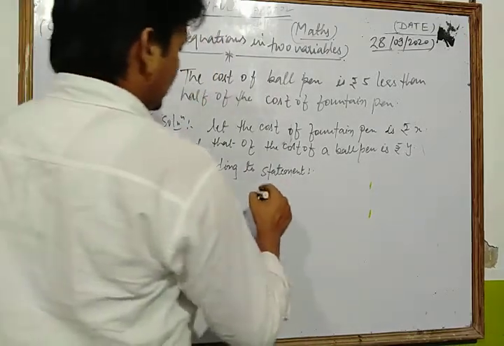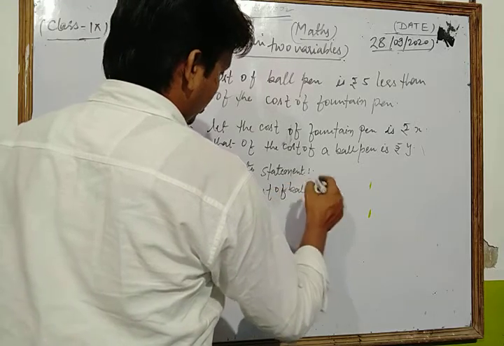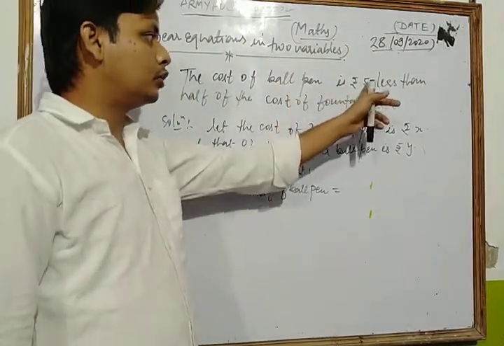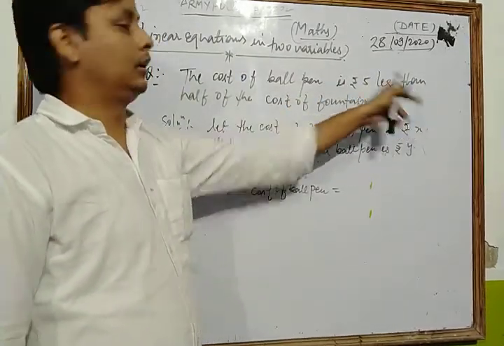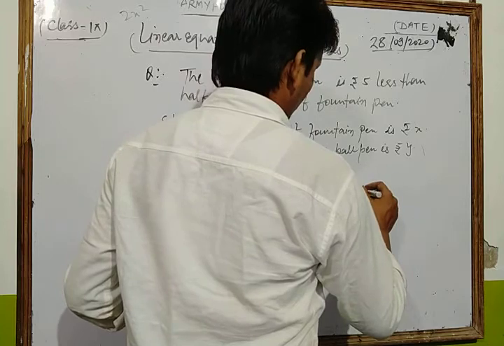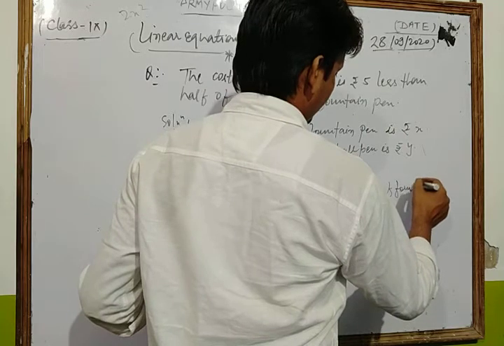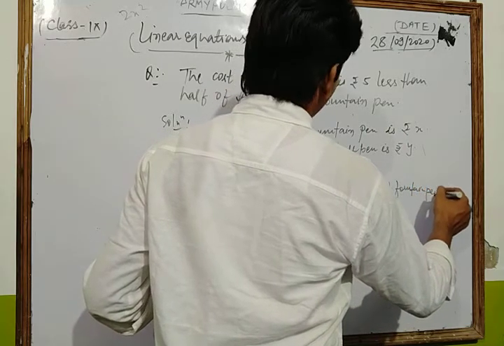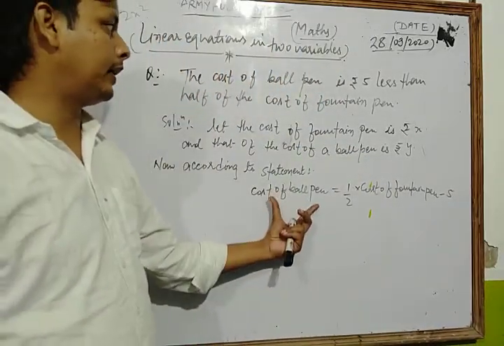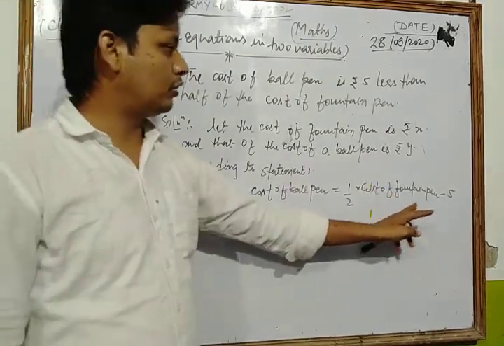So according to the statement, the cost of a ball pen is equal to 1 by 2 into the cost of the fountain pen, minus 5. This means the cost of a ball pen is 5 less than half of the cost of the fountain pen.